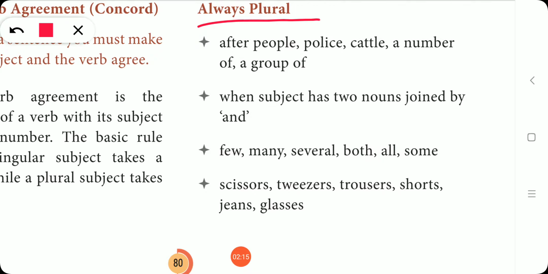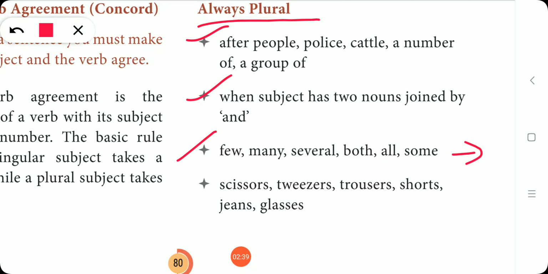And when the subject has two nouns joined by the conjunction and, there we have to use the plural verb. Then few, many, several, both, all, some. After these you have to always use a plural verb.